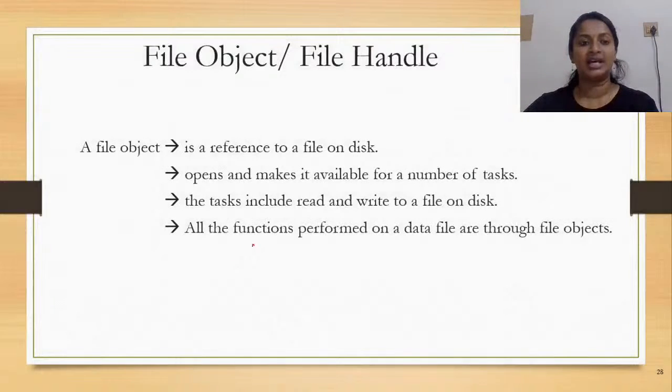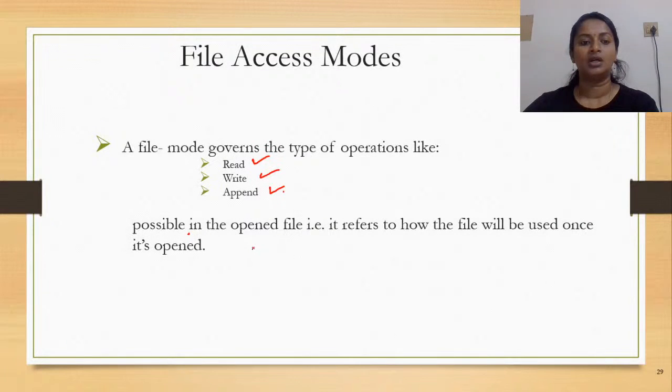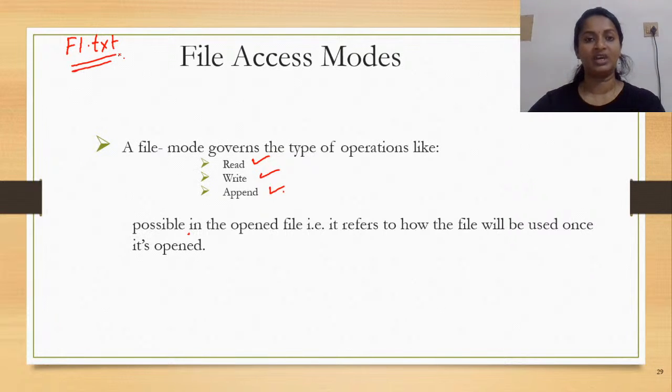Now imagine that this is a file, and this file is already existing. Let the name of the file be f1.txt. If you're trying to open it in the append mode, this file would be opened.